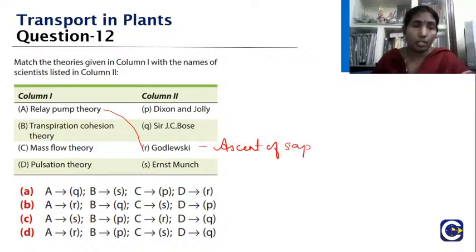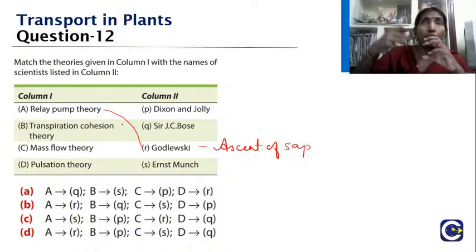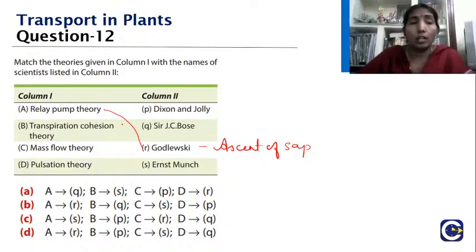We studied about this. What about the transpiration cohesion theory? They will be talking here about the transpirational pull that causes the water to get absorbed, and that is the reason for the ascent of sap. This transpiration cohesion theory was actually proposed by Dixon and Jolly.